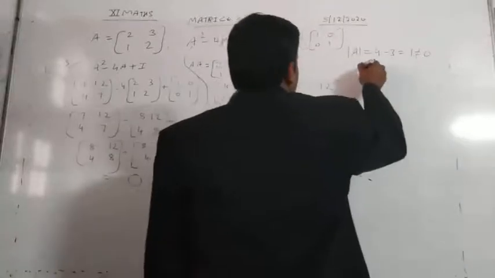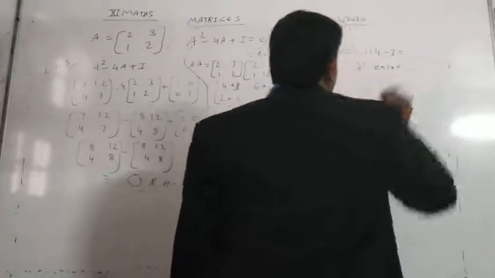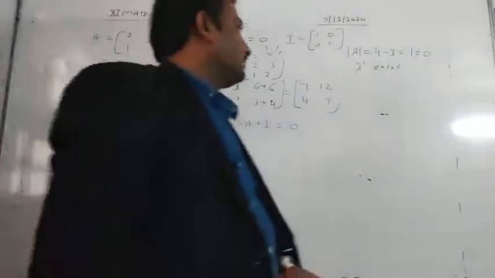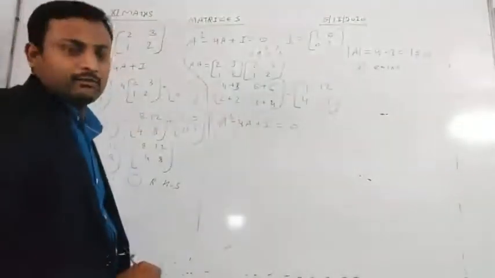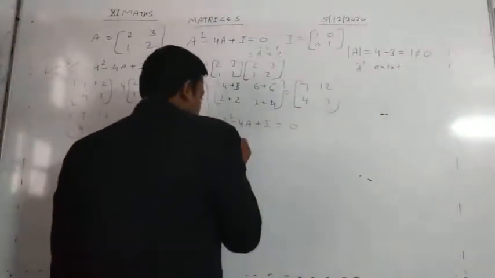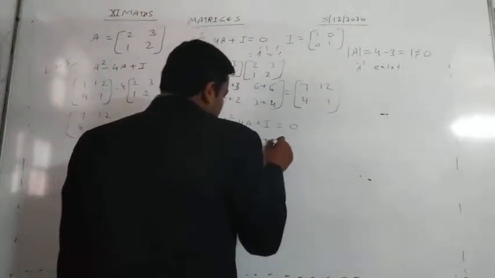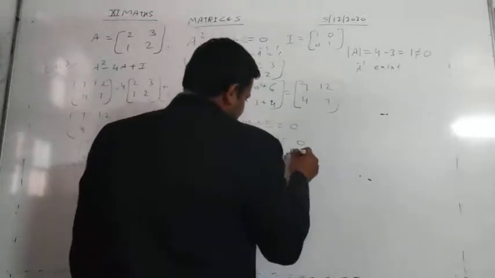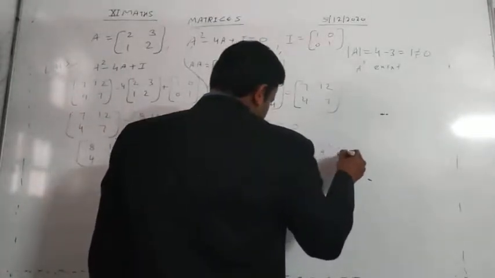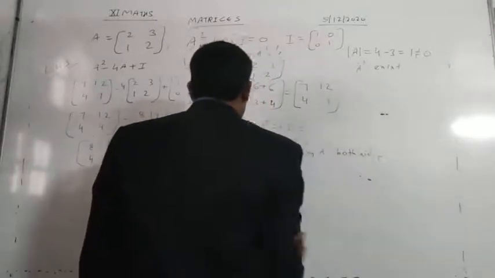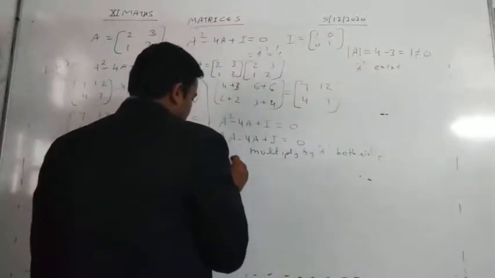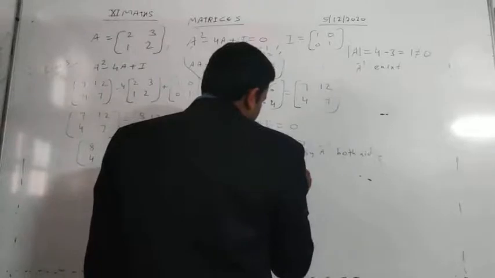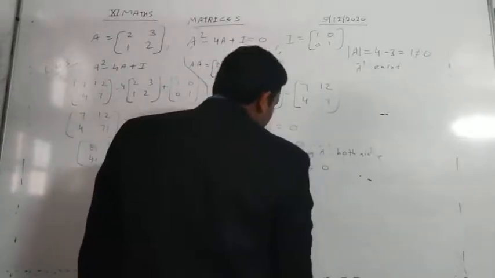So our A inverse exists, because if the determinant of A is equal to 0, then A inverse will not exist. So now we can write A into A minus 4A plus I is equal to 0. Now multiply by A inverse on both sides. We get A into A into A inverse, minus 4A into A inverse, plus I into A inverse, which is equal to 0.